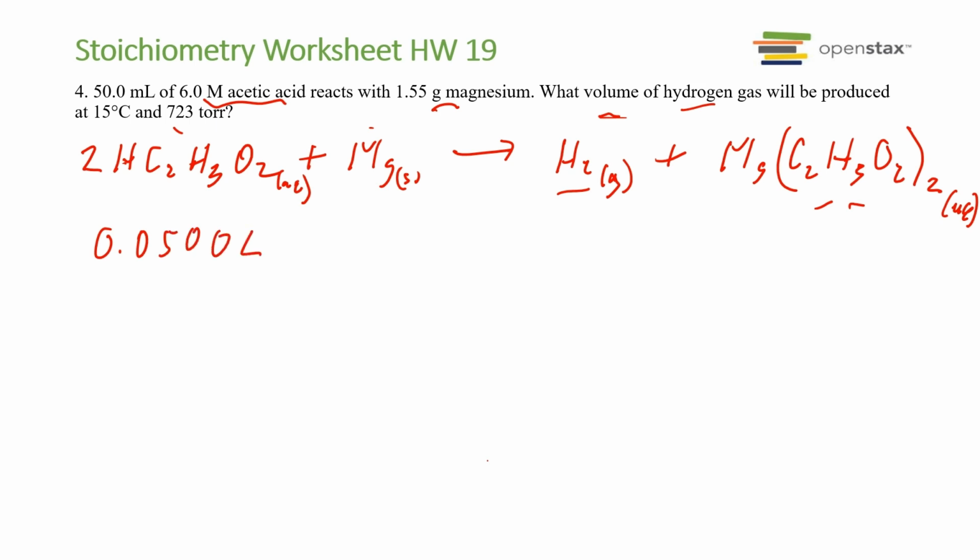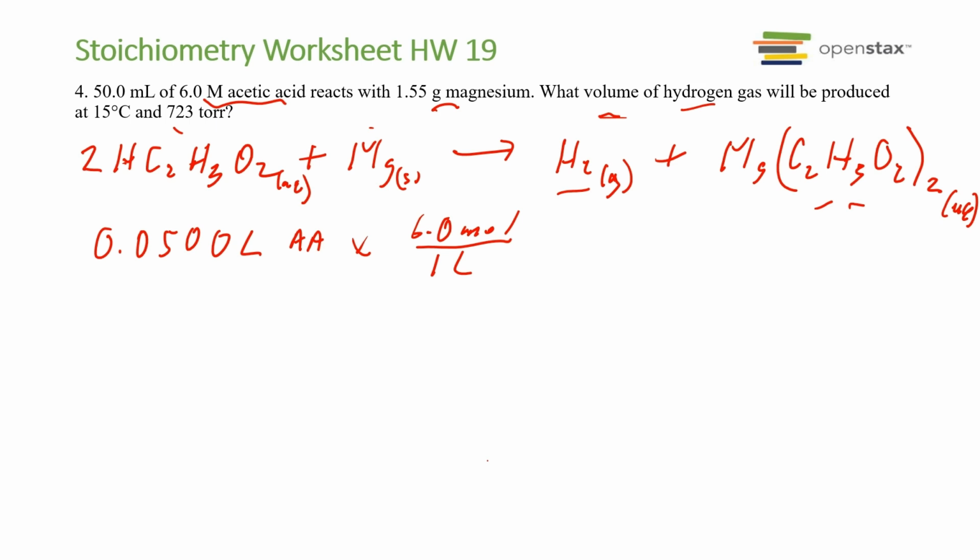So we have 0.05 liters of acetic acid. And we have to use the conversion factor of the molarity, which is just 6.0 moles over 1 liter. Okay. So remember, anytime you see a molarity, think of it as a conversion factor.